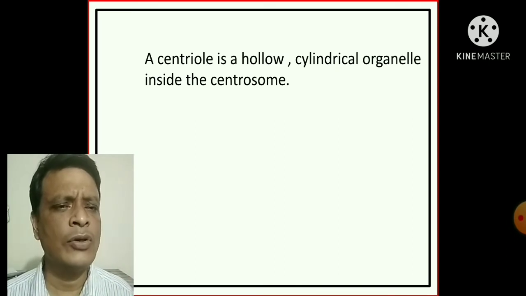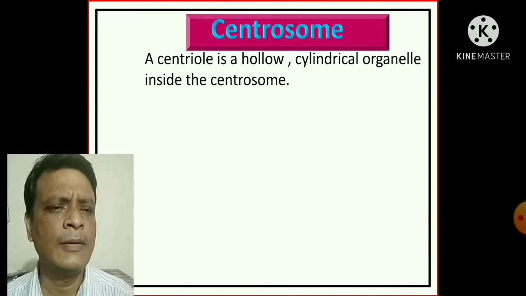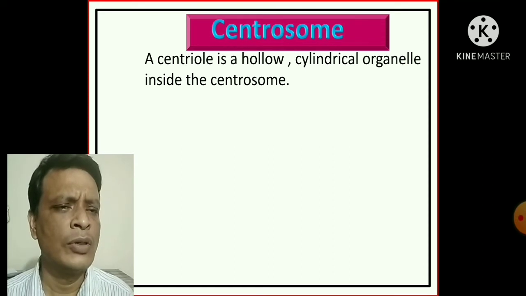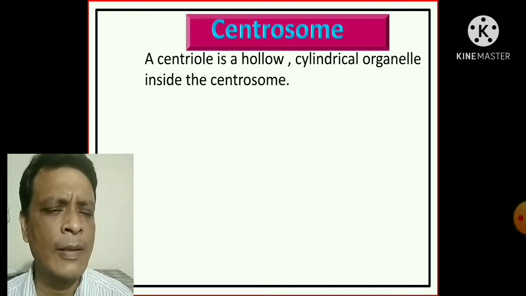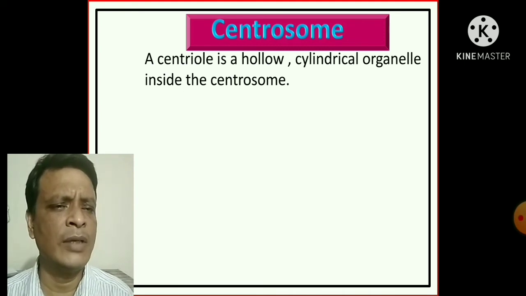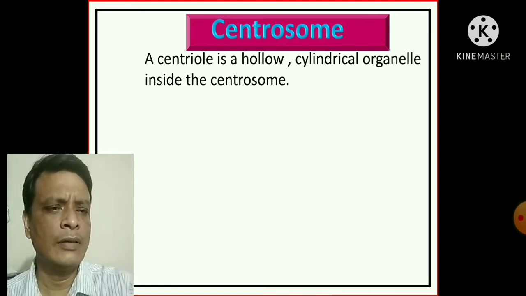A centriole. Now another very important cell organelle, that is the centrosome. The centriole is a hollow cylindrical organelle inside the centrosome. Centrosome is basically found in the animal cell, but in some lower plants it may also be found.